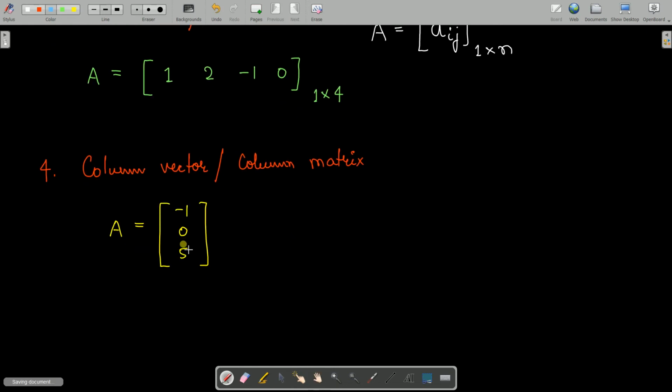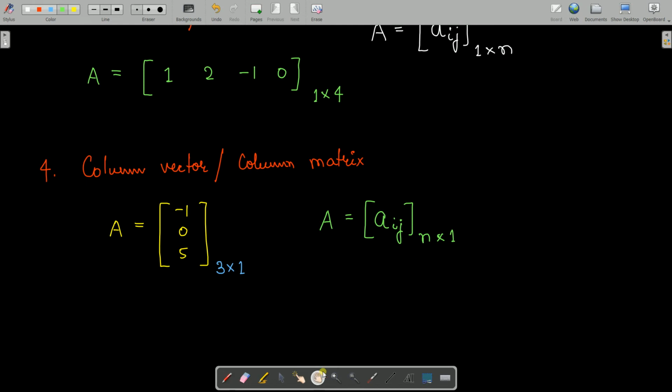The order. How many rows? 1 2 3 rows are there. How many columns? One column. So in short, I will represent this as A is equal to big bracket Aij, and it would be n cross 1. This n could be anything, but the number of columns has to be always 1.